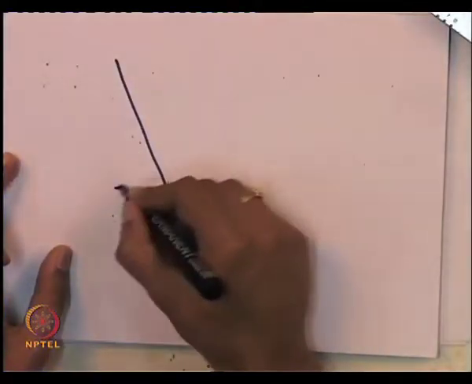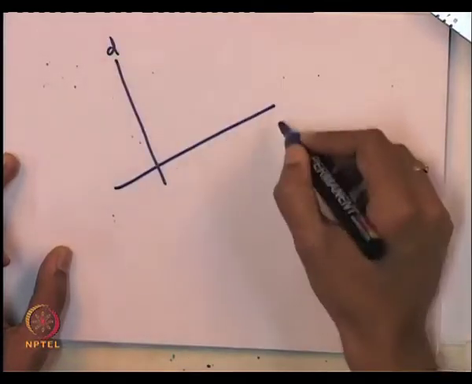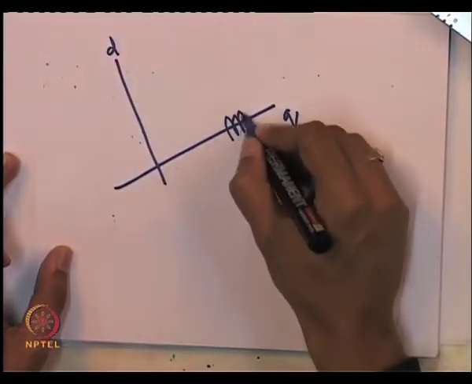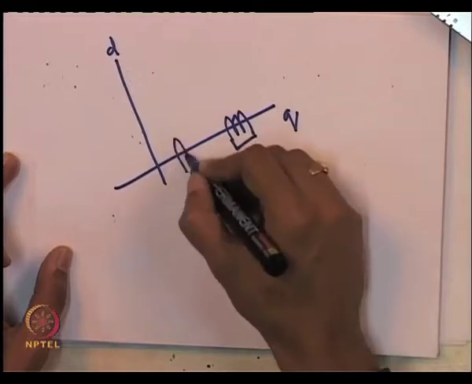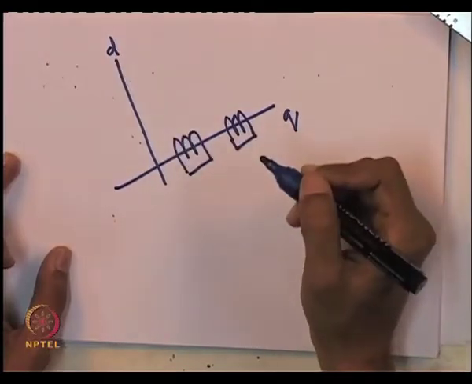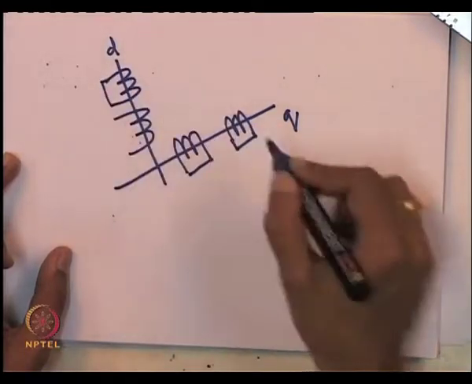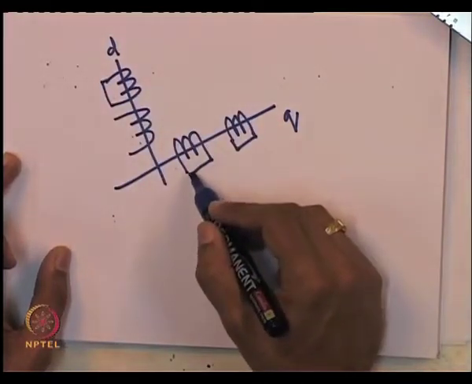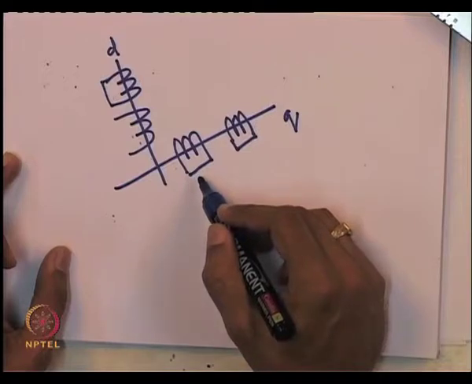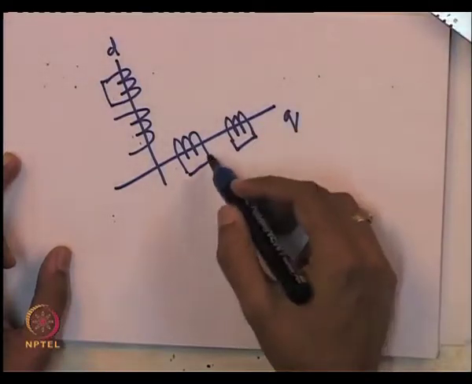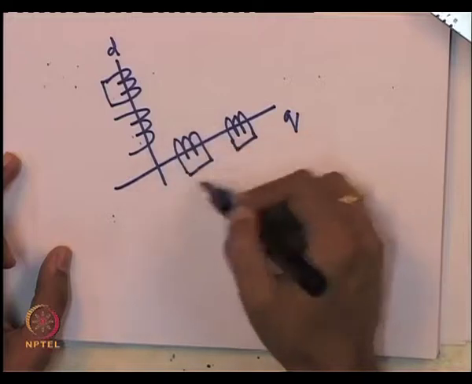So, suppose you have the D and Q windings. In the Q axis, there are two rotor windings, the G and the K winding, and there is a field winding and a damper winding on the D axis. In order to simplify this model, I need to get rid of the effect of this winding.